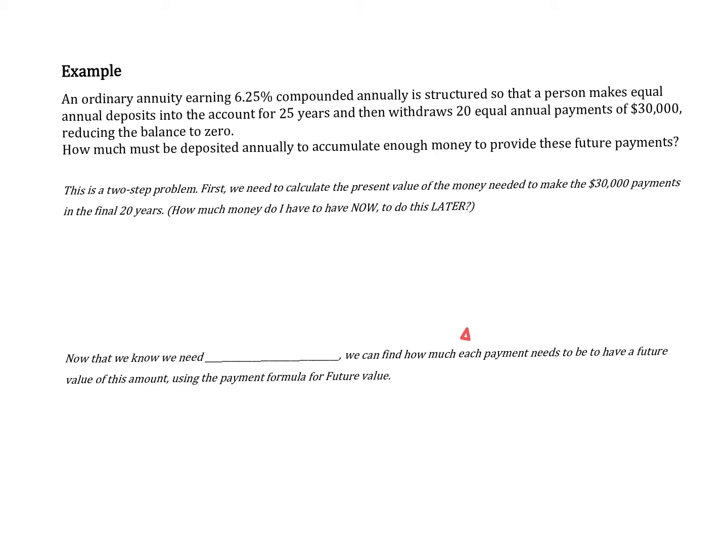In this particular case, I want to establish the present value to get my $30,000 payments in the future. So I know that the present value of my money is equal to my payments times (1 minus (1 plus my periodic interest rate) raised to the negative n), divided by I. In this particular case, the payments that I'm going to make to myself in the end are going to be $30,000.